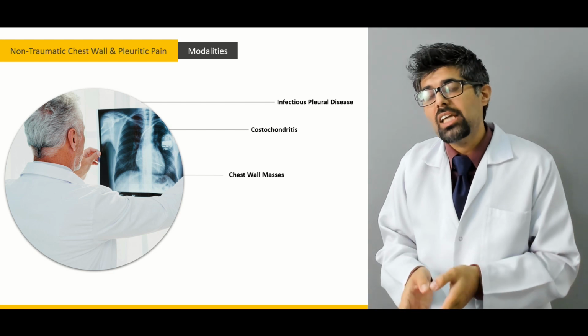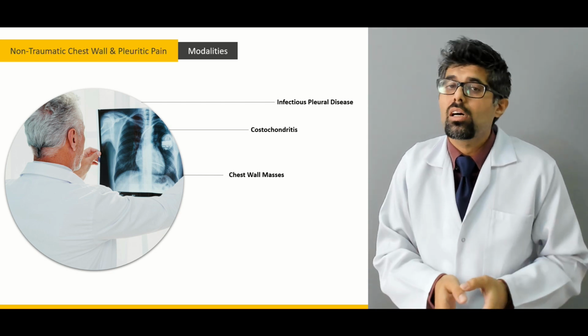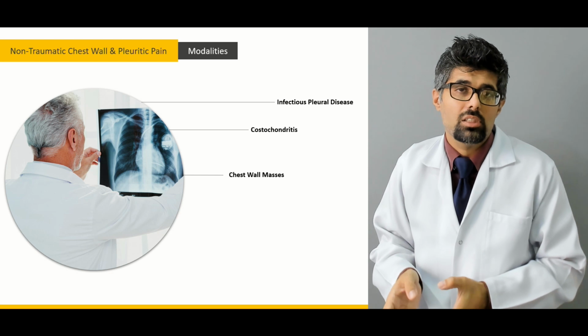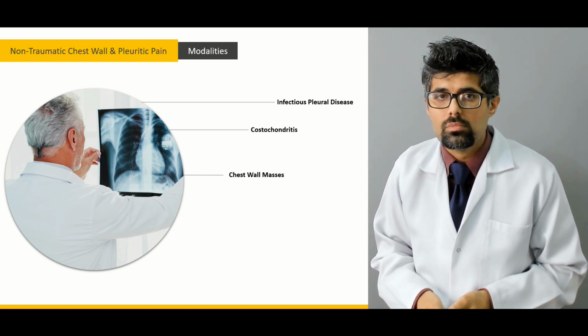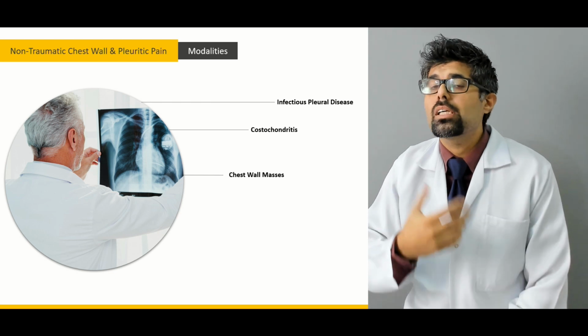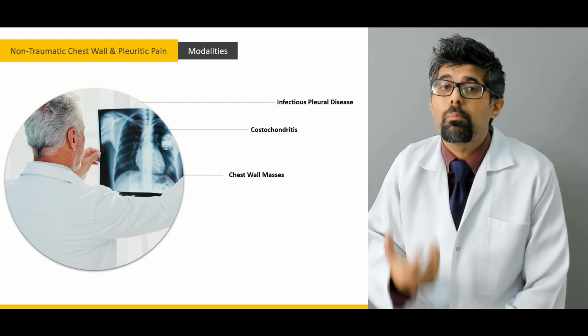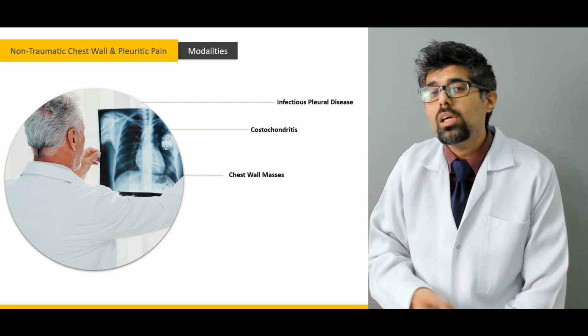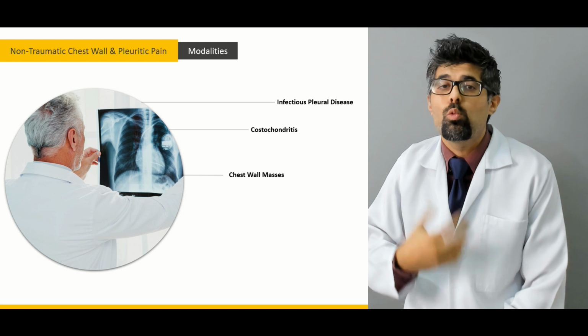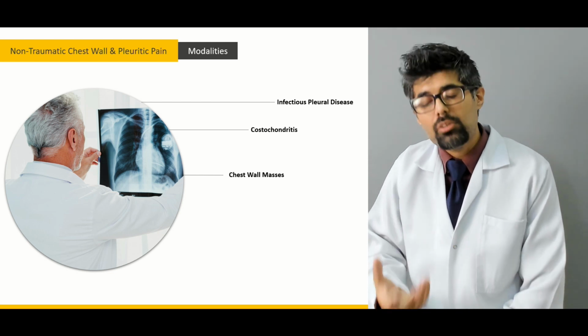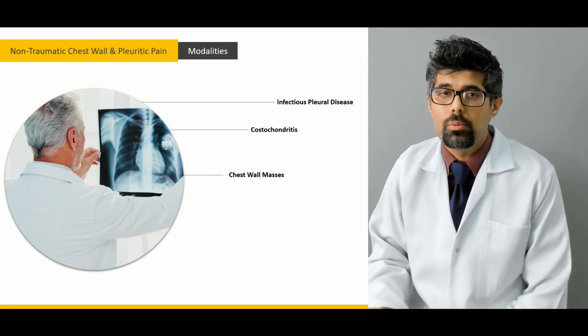Now this CT scan can be both contrast enhanced and non-contrast enhanced, but it is CT scan that is used. But if the mass is a lipoma, which is diagnosed by being more mobile and having a more ovoid shape, ultrasound will be more favorable.